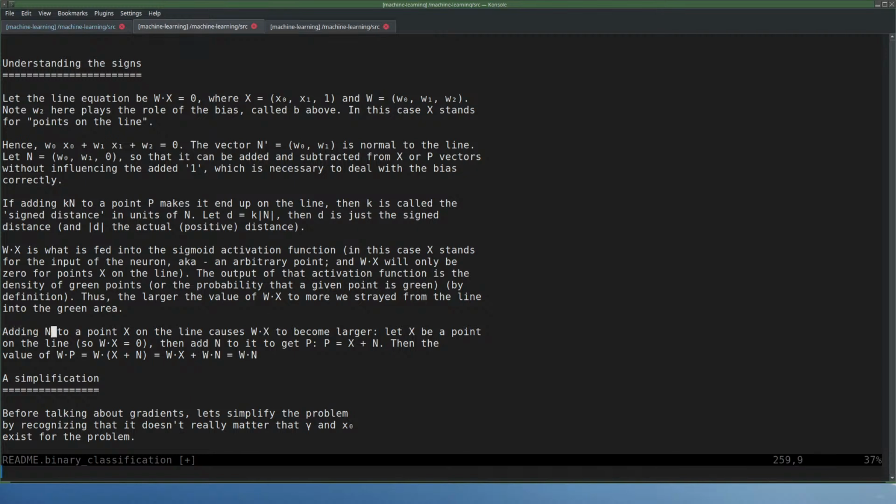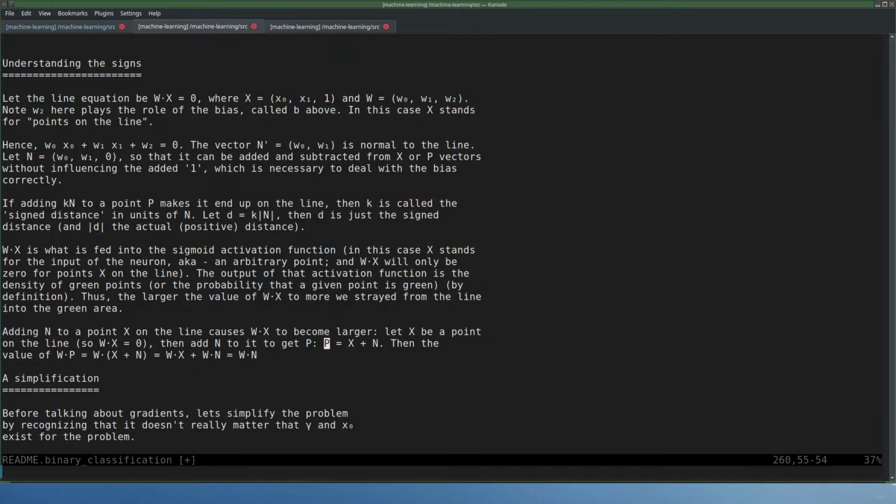I mean, we're adding n to x, so then x is changed. So I can talk about Wx, because Wx has become larger. So let x be a point on the line, so that Wx equals 0, and then add n to it to get p.